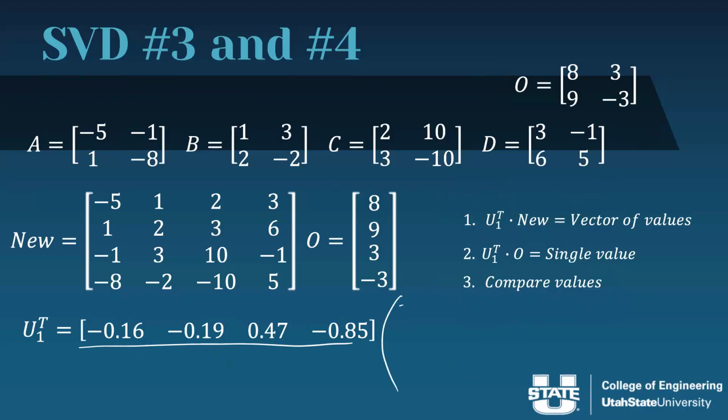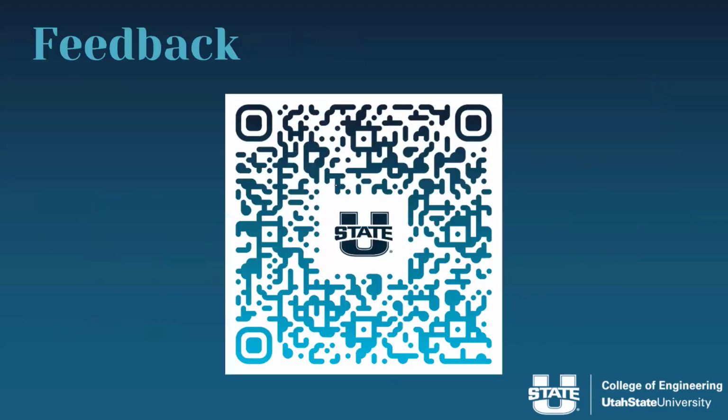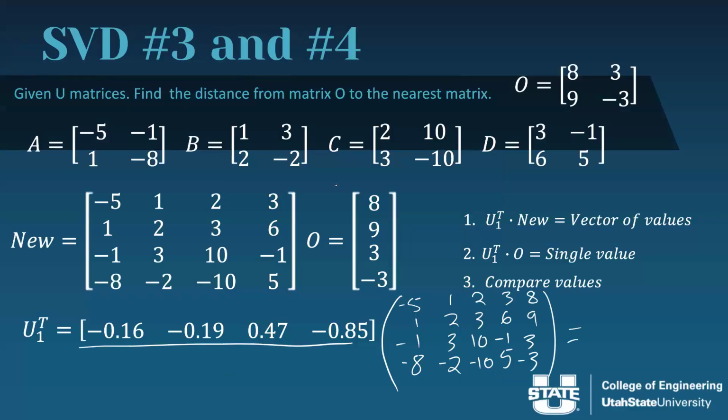So we're going to multiply this by our -5, 1, -1, -8, 1, 2, 3, -2, 2, 3, 10, -10, 3, 6, -1, 5, and our 8, 9, 3, -3. And when we do that, we're going to get scalar values for each of those. Let's see if they have them. No. So let's plug these into a calculator real quick. Yes. It was given to us in this problem.